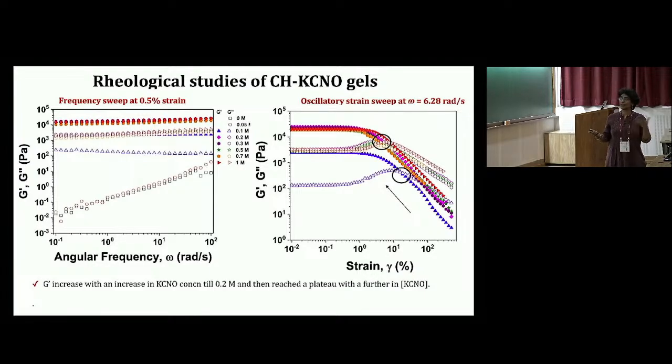We actually calculated how much is the amine groups and how much potassium cyanate is needed. From the rheological measurements, we see the sol to gel transition.